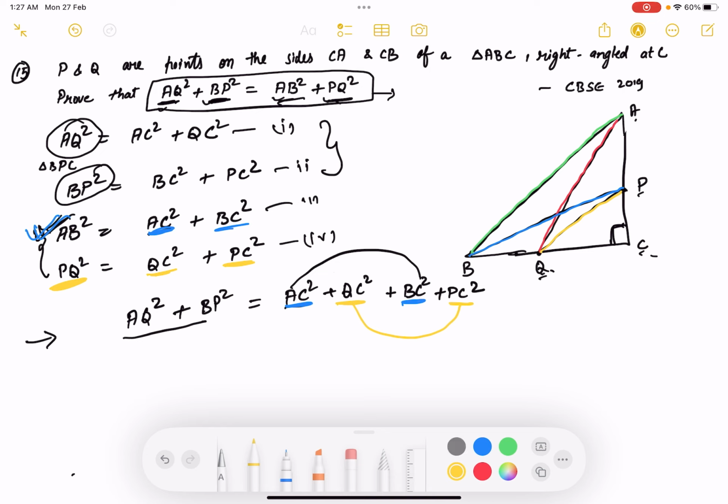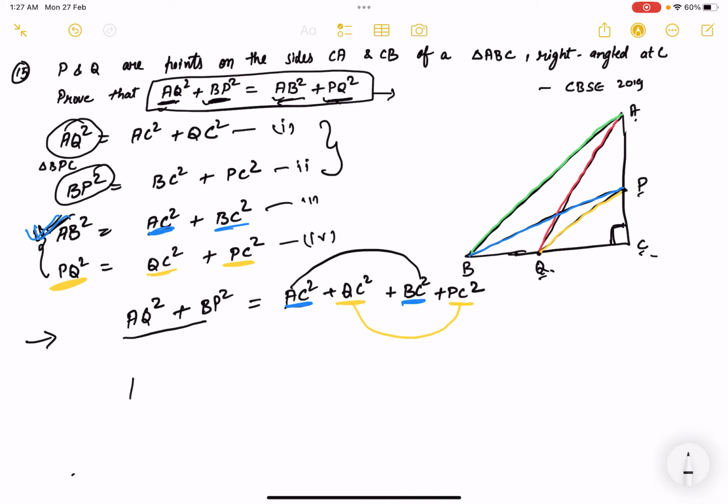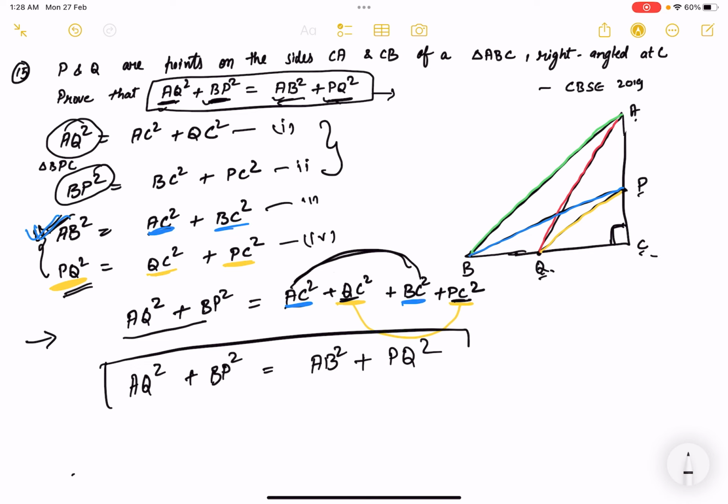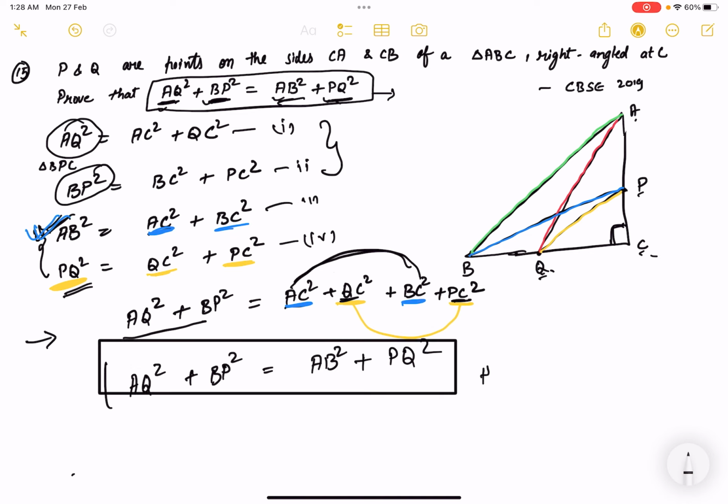Substituting these values, AQ square plus BP square is equal to AB square plus PQ square. So hence we have got the final result.